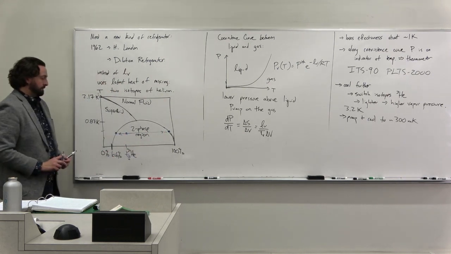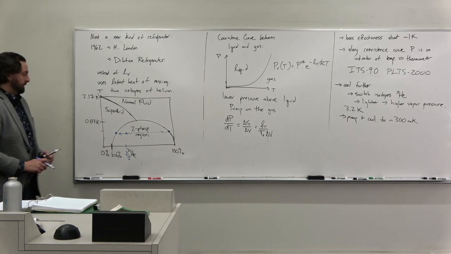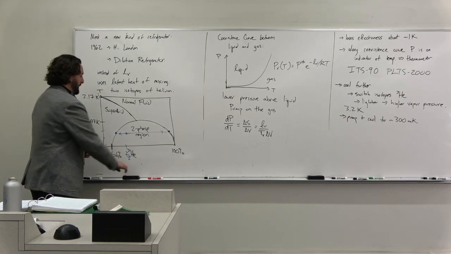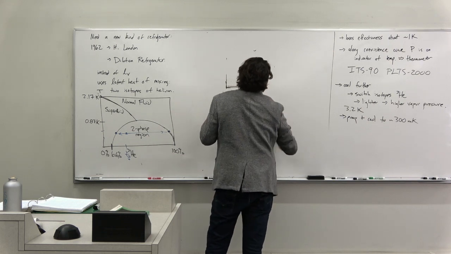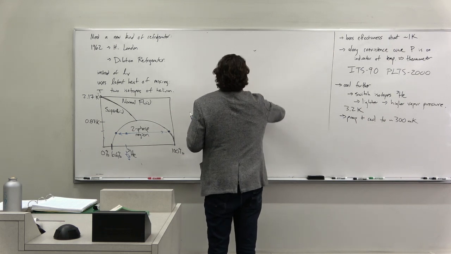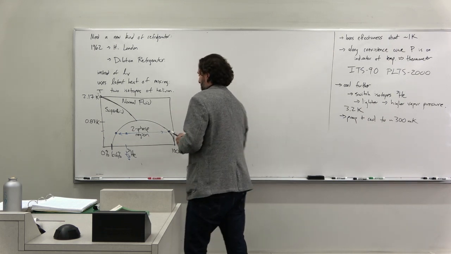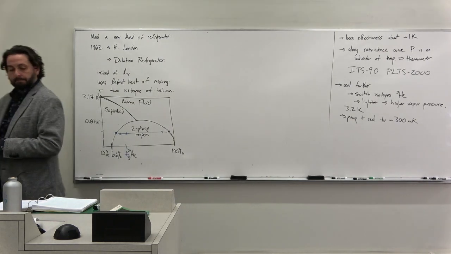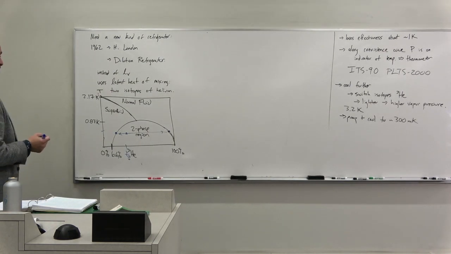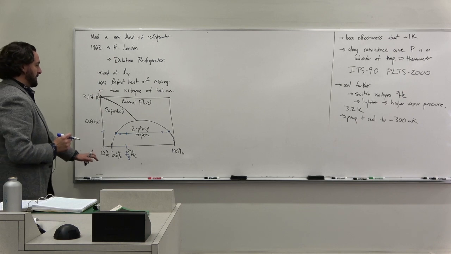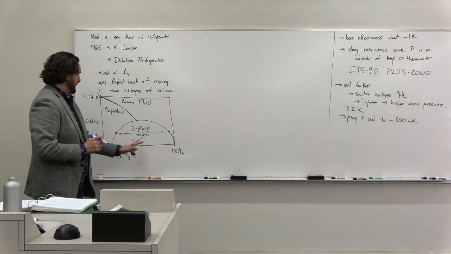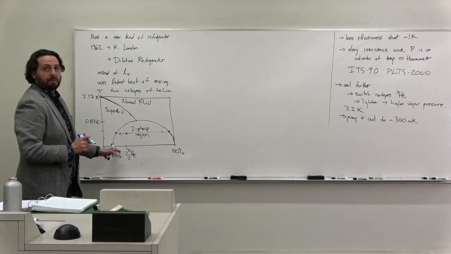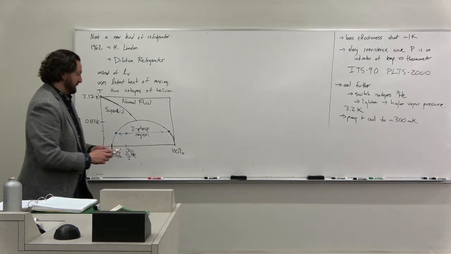Okay? And so what are those two phases? So there's a region that's 100% helium-3 and one region that's about 6% helium-3 and helium-4.